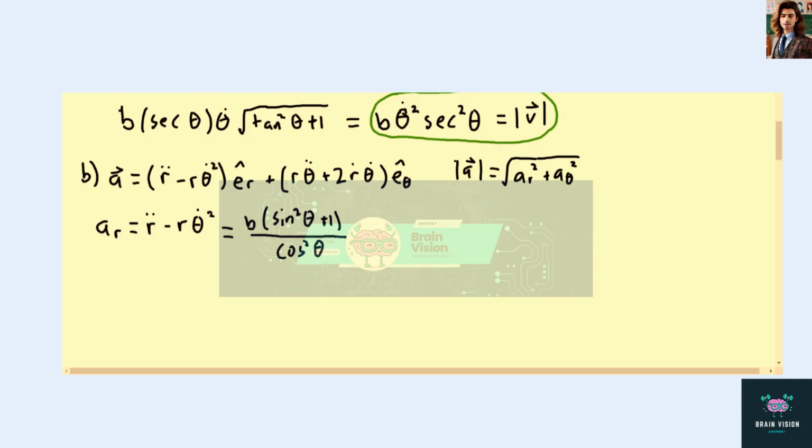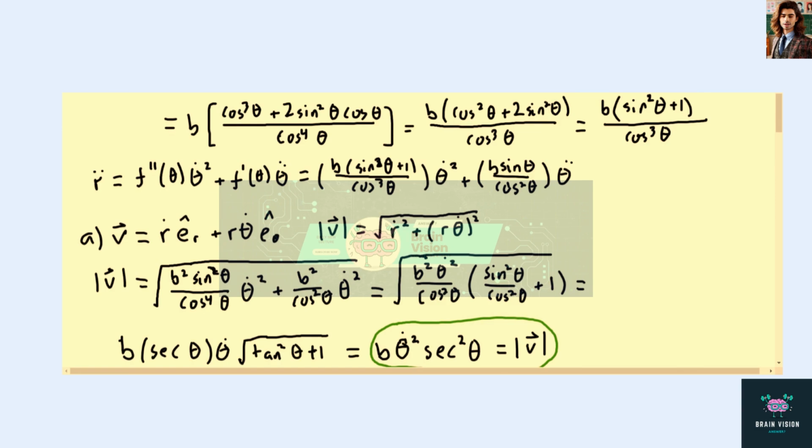Or, sorry, that should be a cosine cubed theta plus a b sine theta over cosine squared theta theta double dot. See, this is our r double dot.